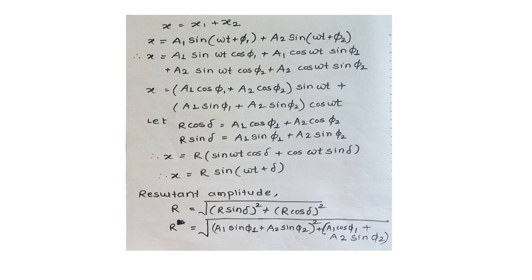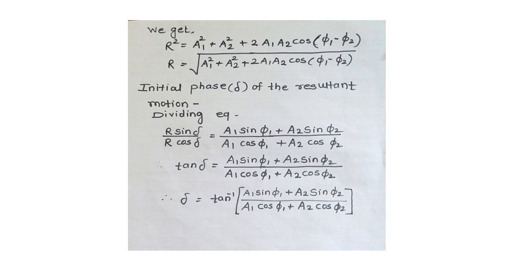Putting in the values of r sin delta and r cos delta and squaring, and solving these equations, we get r square equals a1 square plus a2 square plus twice a1 a2 cos(phi 1 minus phi 2).